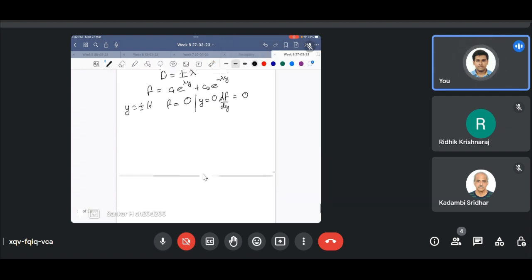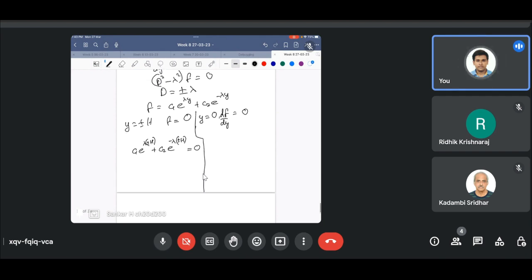Therefore, I am trying to substitute the value of plus or minus h into the first equation. I'll get c1 e raised to lambda h plus c2 e raised to minus lambda h. You can assume it to be plus or minus h here, that doesn't matter, and here as well, to be equal to 0.